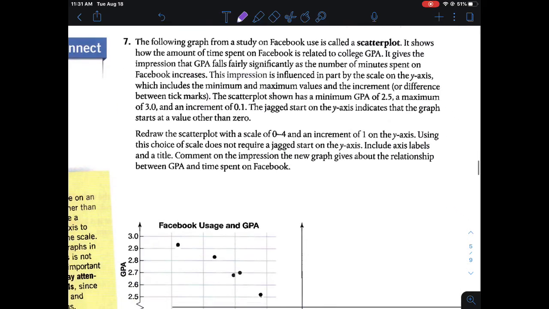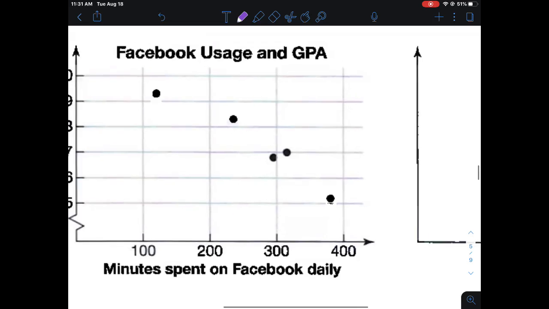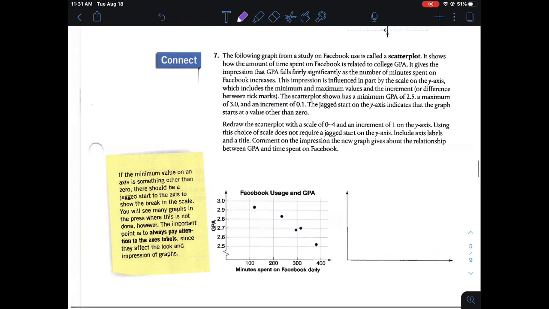Moving on to question number 7. This is our last one, probably the hardest one, even though it's not even that hard, of this section. The following graph from a study on Facebook use is called a scatter plot. It shows how the amount of time spent on Facebook is related to college GPA.